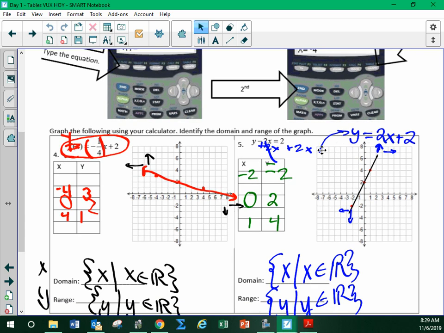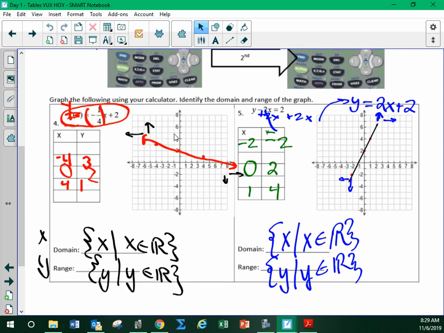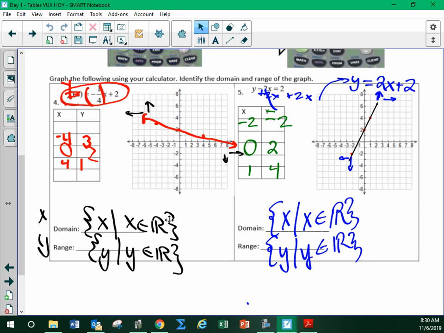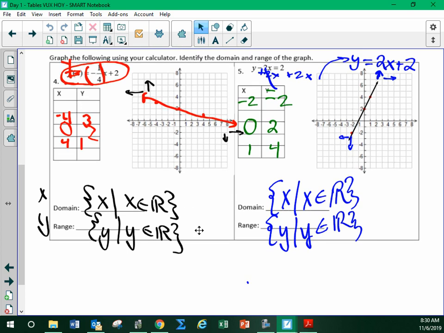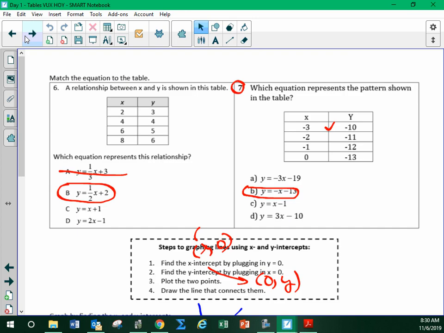Sometimes it might be easier to solve for y equals. It's up to you. And then for all of our lines, our domain and range is x belonging to real numbers, y belonging to real numbers. So that's going to be your answer for your domain and range for all of our lines that we're doing for this unit. Okay, so that was our tables.